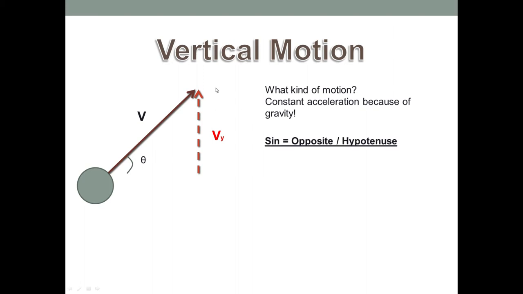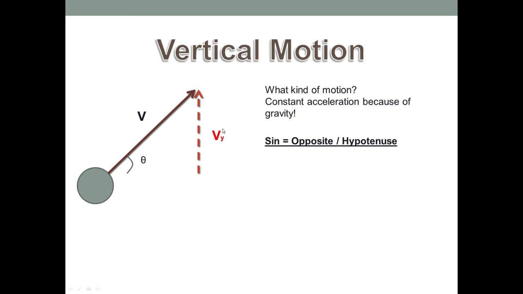In order to find what v of y is, we have to use trigonometry. So we have angle theta, we have v. Just for clarity and for future videos, whatever information we have, I'm going to show in black, and whatever information we're trying to find out, I'm going to show in red. So we have v, we have theta, but we don't have v of y.